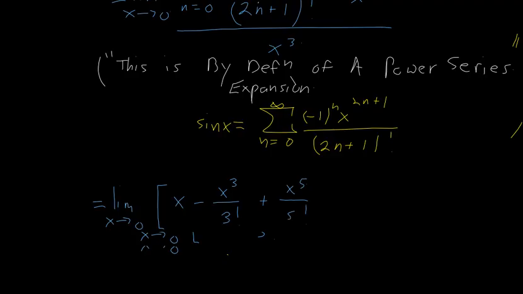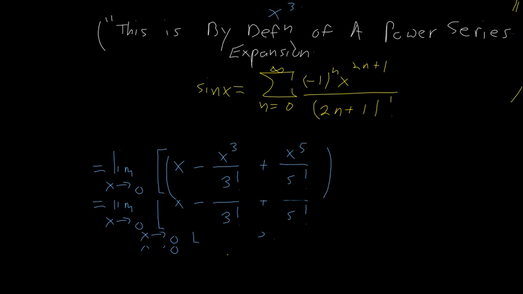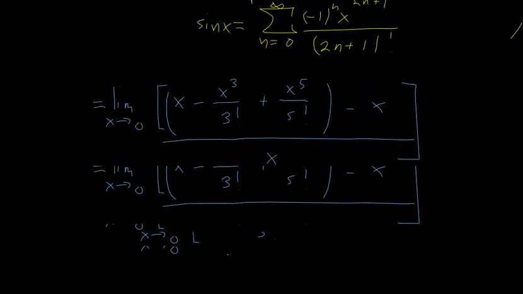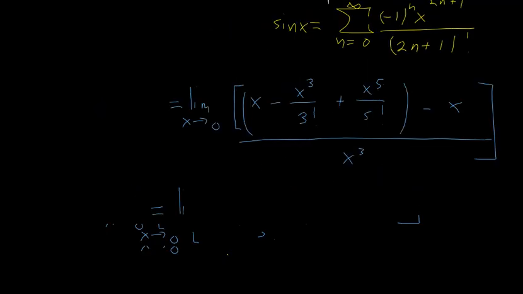So I just substituted what the sine x part was, and then minus x all over x cubed. Right, so we got that. Now we just need to clean this up. Limit as x goes to 0.